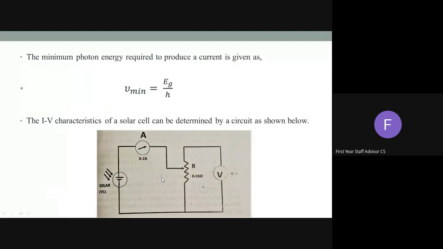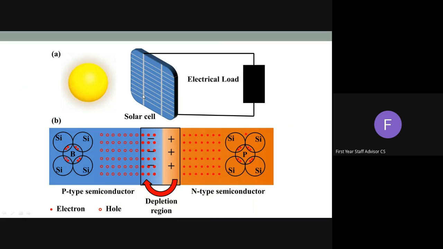Now, the minimum photon energy required to produce a current. Solar light consists of many frequencies, that means wavelengths from 400 to 600 nanometers. All these frequencies can produce an electron hole pair in the depletion region.